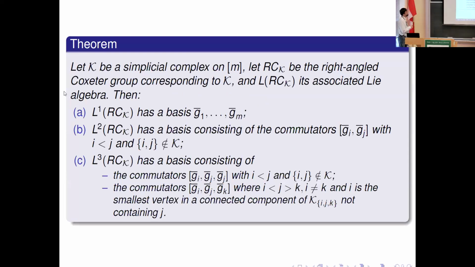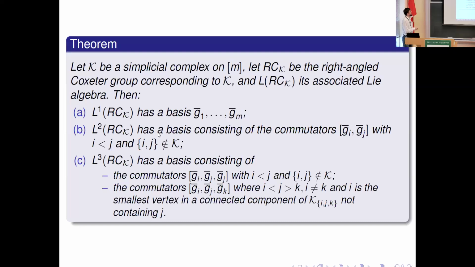Let K be a simplicial complex on a set M. Let RCK be the right-angled Coxeter group corresponding to K, and LRCK its associated Lie algebra. Then L1 RCK has a basis like this.